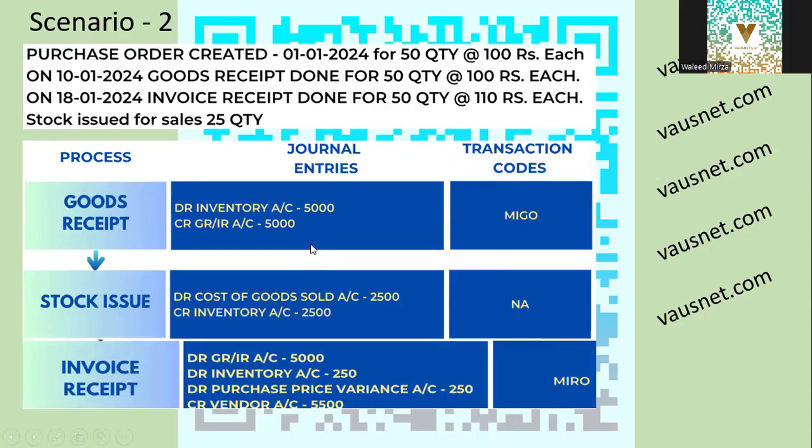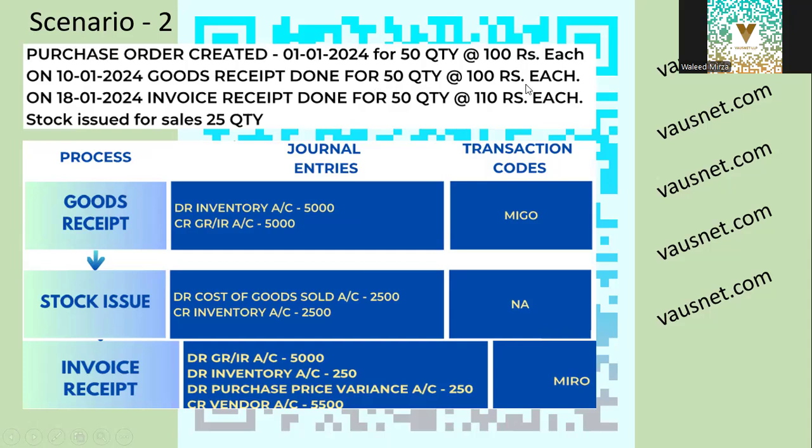Scenario 2 is on 1st Jan, 50 quantity purchase order is placed, is created for 100 rupees each. 50 means 5,000. On 10th, goods receipt is done for 50 quantity at 100.